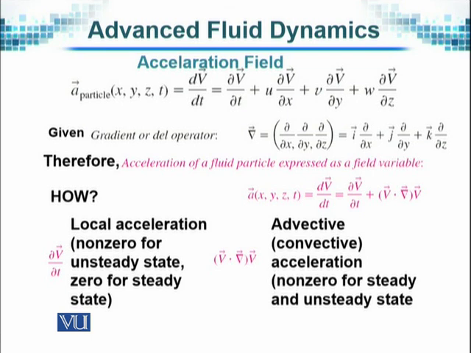As we define in our vector notation, del is denoted by i into the partial derivative with respect to x, plus j into the partial derivative with respect to y, plus k into the partial derivative with respect to z in the z direction. As a whole, this is called sometimes gradient, sometimes del.